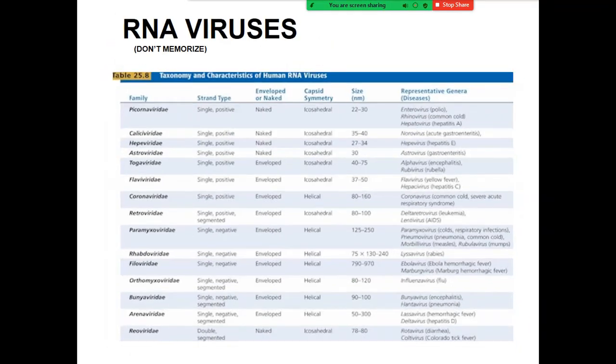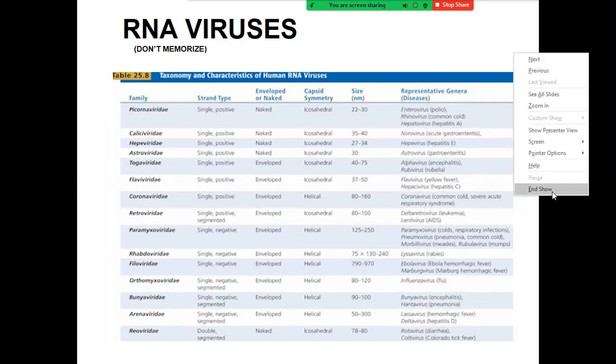The important part here, and probably the only thing you need to know, is that there are 15 families of RNA viruses that cause human disease. That's probably the only thing you need to know from this slide.